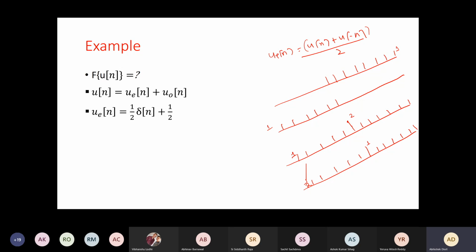So I can decompose this as a constant signal half, and I can put one impulse of the value half at this point. Okay, so even part of un is half delta n plus half.